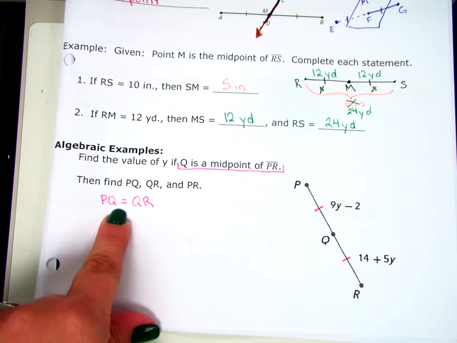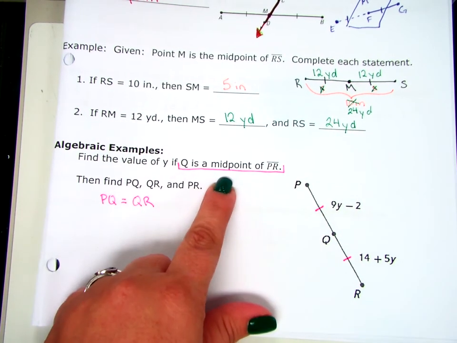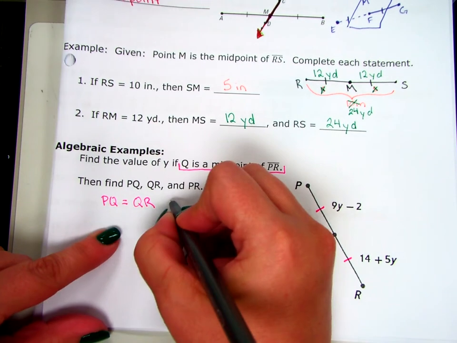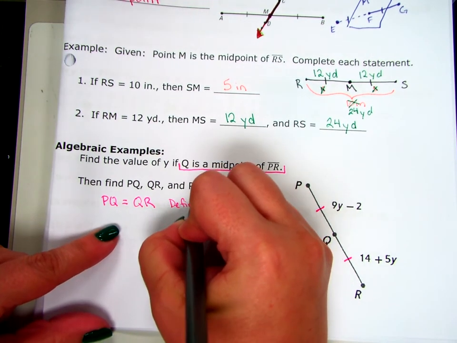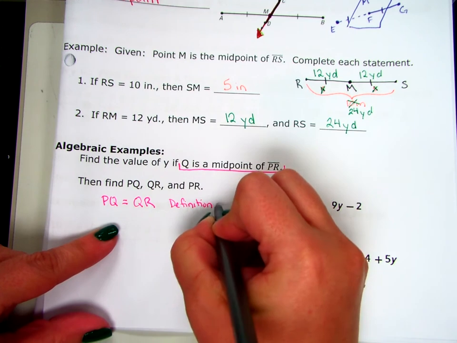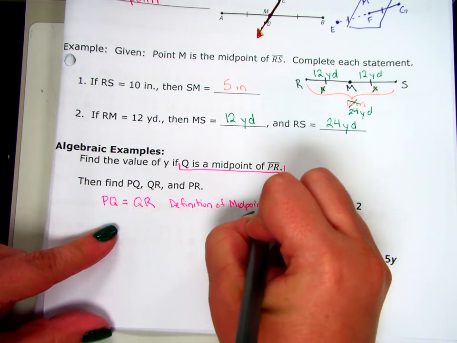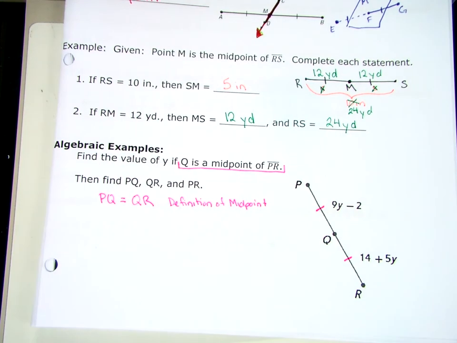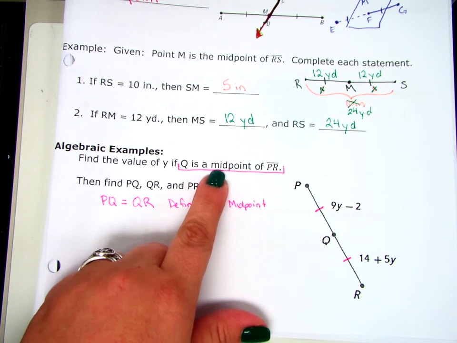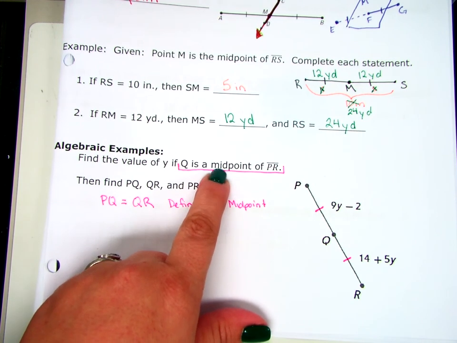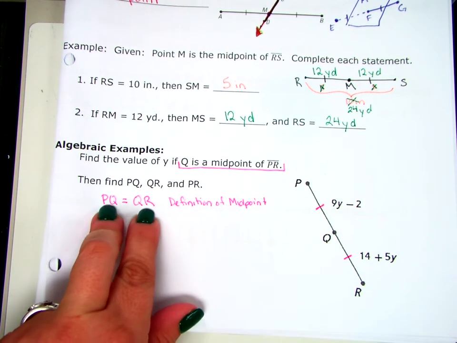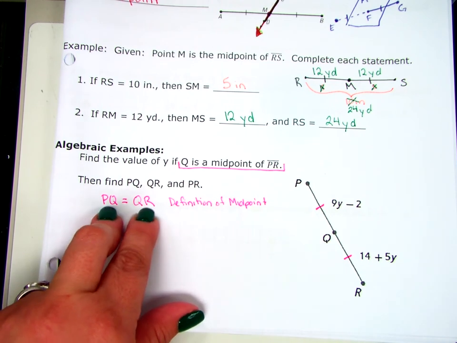And I can write this, if this is given to me, using the definition of midpoint. Okay, we're not going to do a proof today, but just so you know, that is something that you might someday see in a proof. We're using the idea of midpoint, and then you're going to use what its definition is so that you can continue. Next would be, what would we do next if this was a proof?